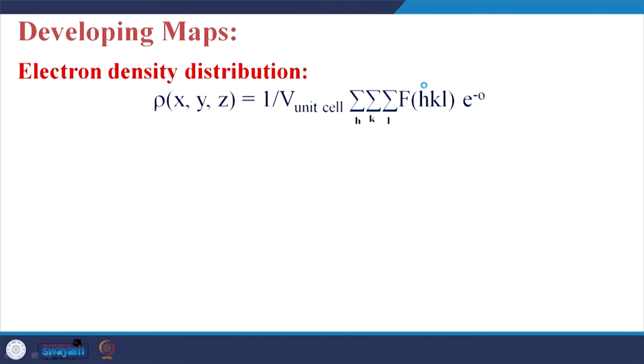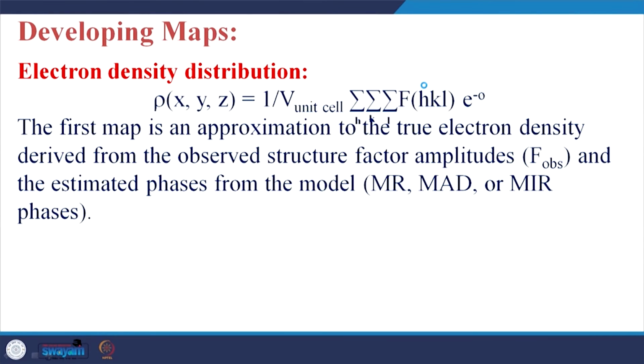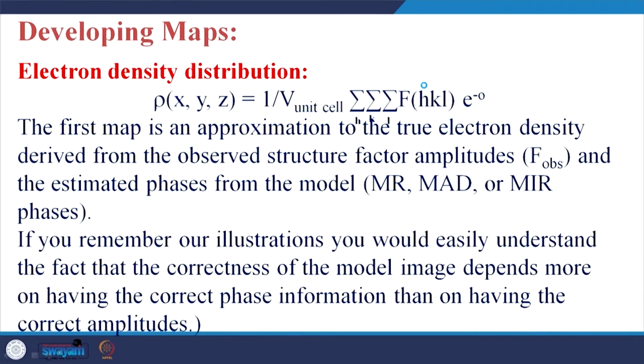Now, we will go for developing maps, electron density distribution. We know the formula. The first map is an approximation to the true electron density derived from the observed structure factor amplitude F obs, which is observed, and the estimated phases from the model coming from molecular replacement or heavy atom, where MAD, MAR, SAR, MIRA, CIRUS, every possible methods are applied.